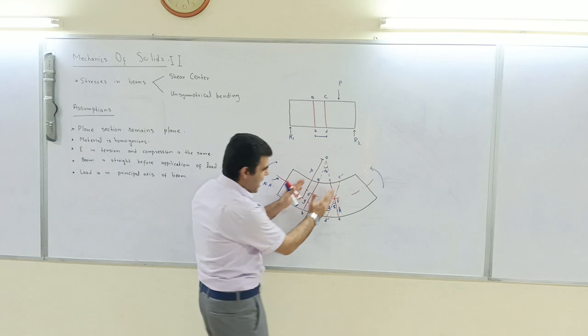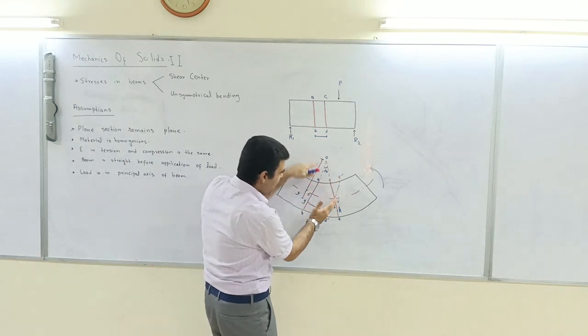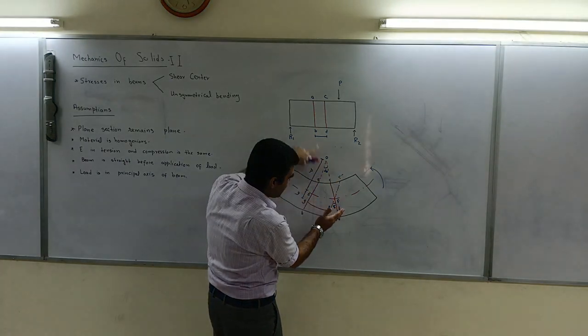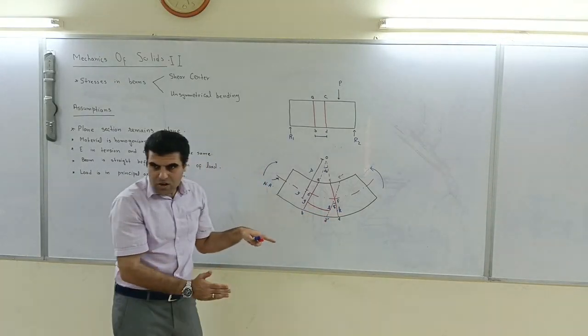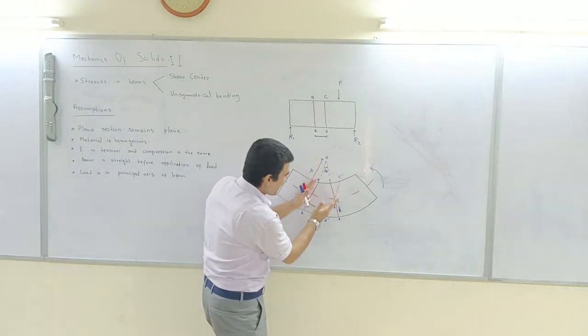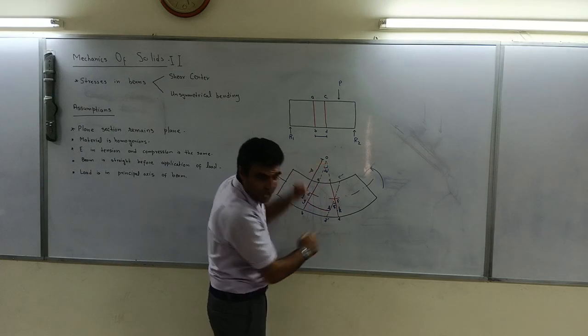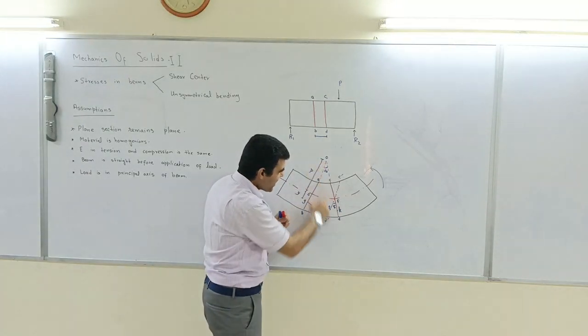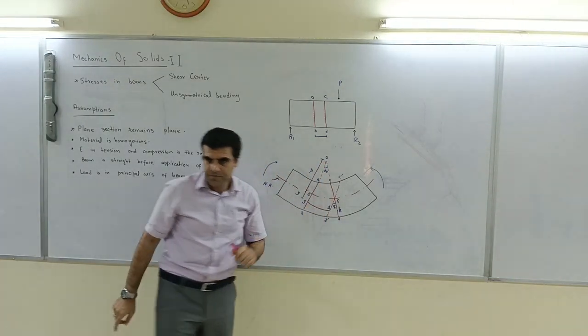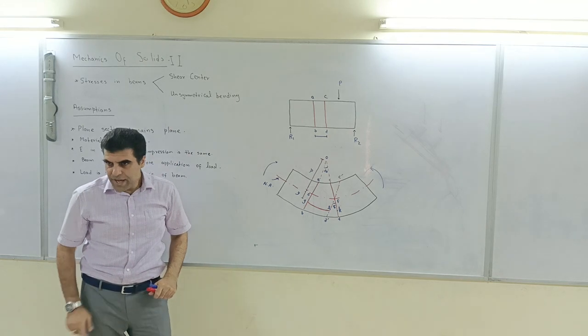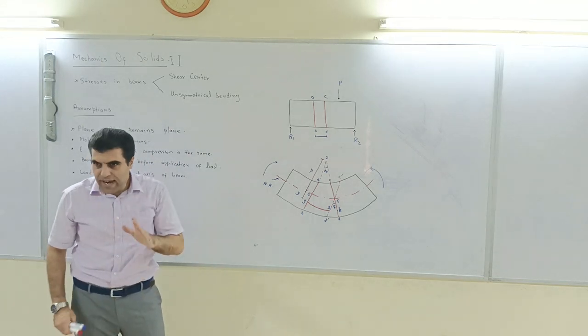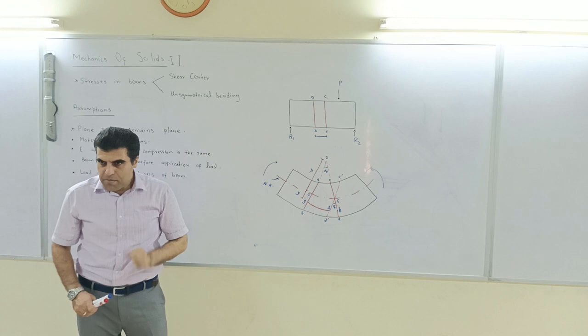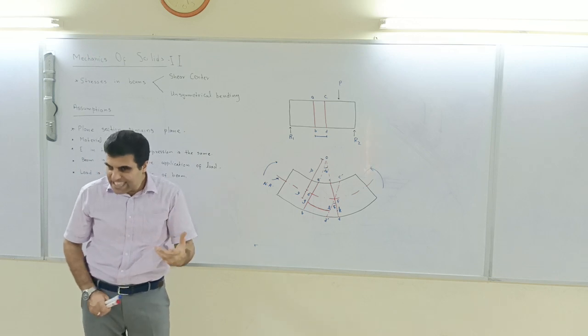Why? Because we have two parallel lines crossed by a transversal, so this angle will be equal to this angle. Agree?